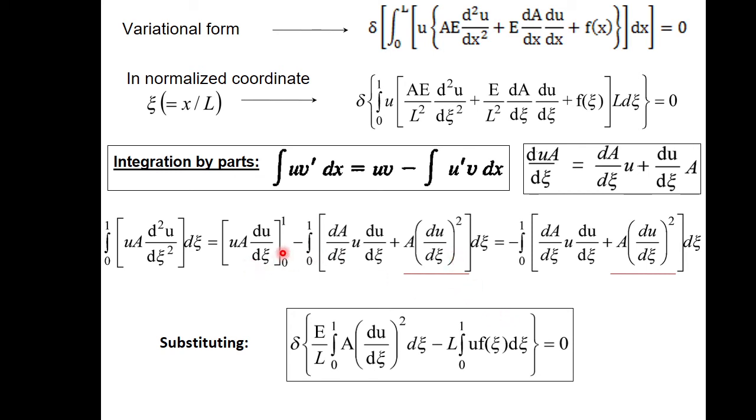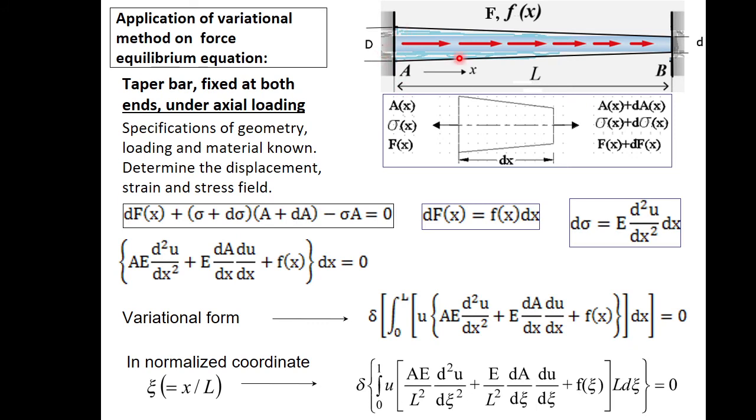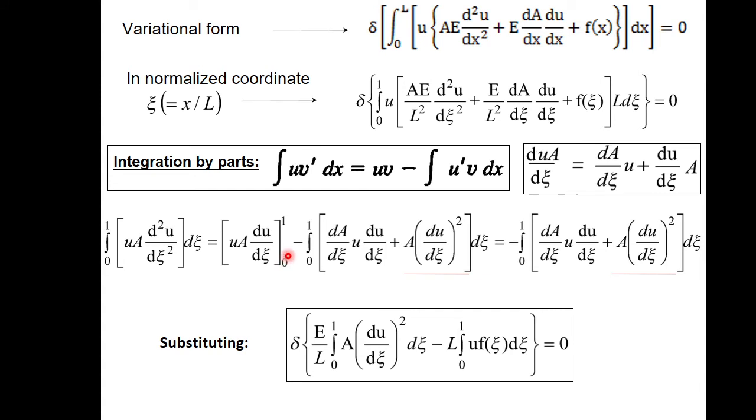Now you see here, at the ends, either displacement is 0 or slope is 0. If this is the problem, here displacement is 0 for clamped condition, slope is 0. So they are 0 as such, and then we are left with this part only.